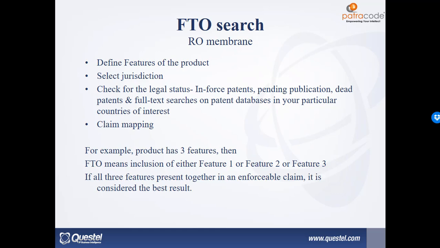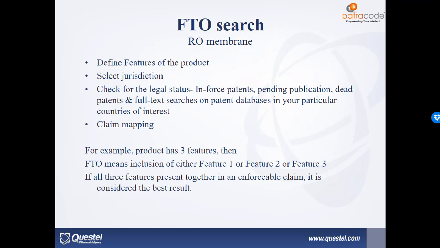Now, someone asked me why dead patents in FTO searches if it is already dead, we need to only look for the enforceable. The answer is very interesting. Why we search dead patents in FTO is, if some patent has expired, dead means either expired.